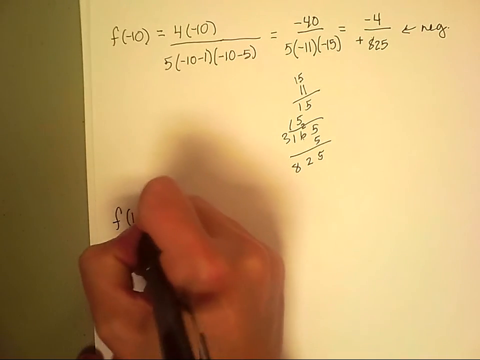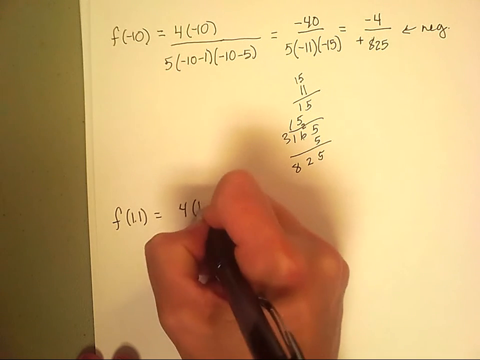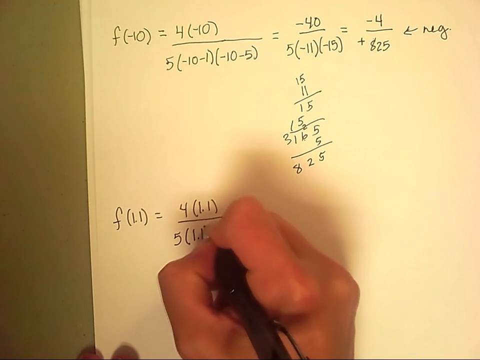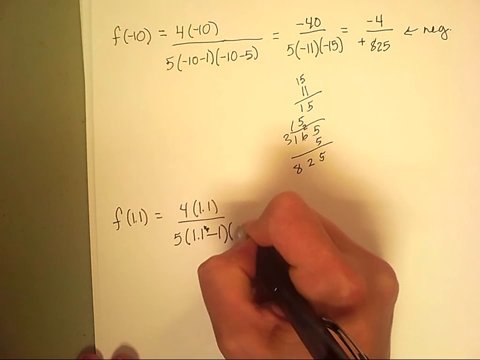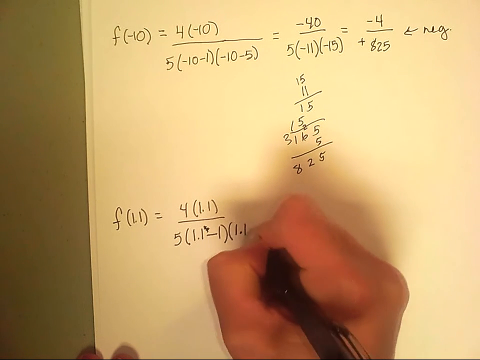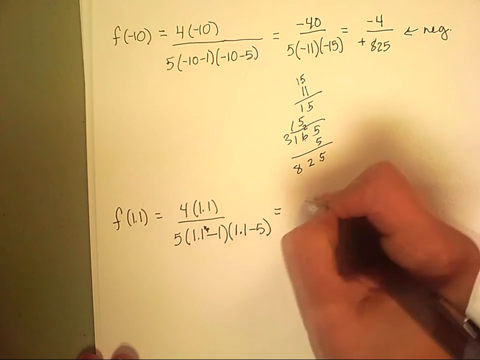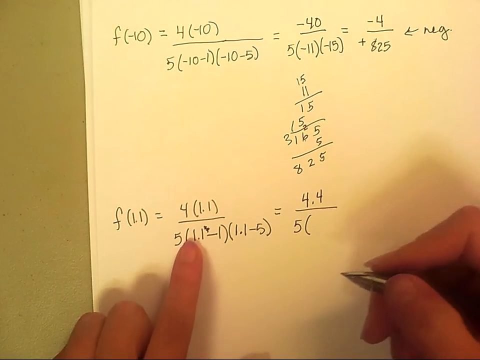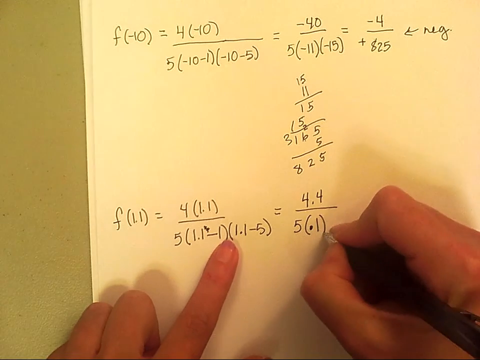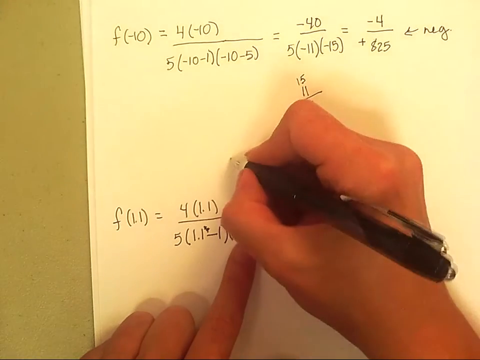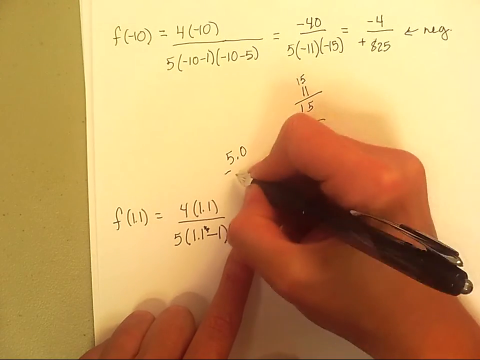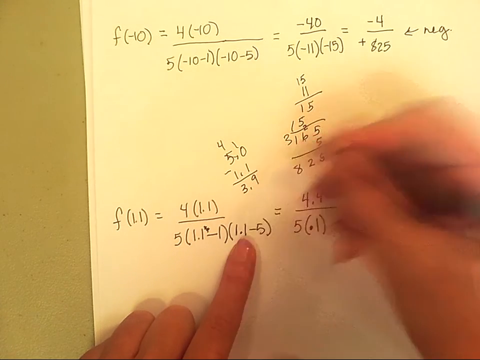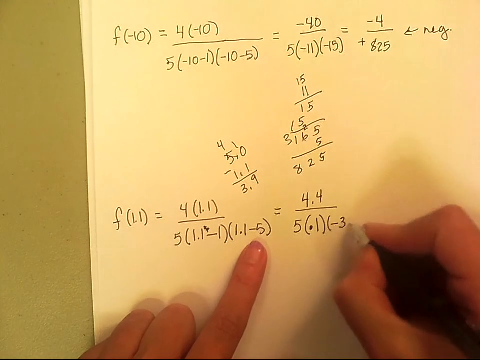So f of 1.1 is 4 times 1.1 over 5 times 1.1 minus 1 times 1.1 minus 5. Up top we get 4.4. 1.1 minus 1 is 0.1. 1.1 minus 5 is negative 3.9, taking the sign of the larger number.